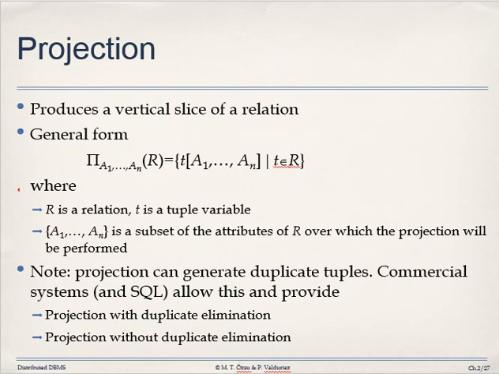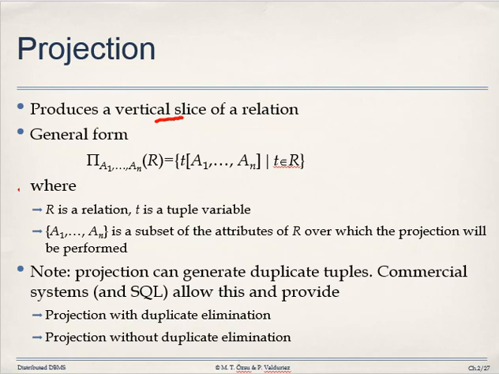Suppose right now in our relation we have 10 attributes, but out of 10 I need only 3 attributes that are important for the result. So at that time we need only those 3. So in projection we have a subset of attributes. It produces a vertical slice of a relation, vertical in the sense of column or attribute or field.